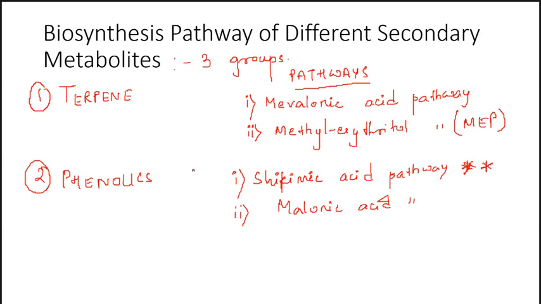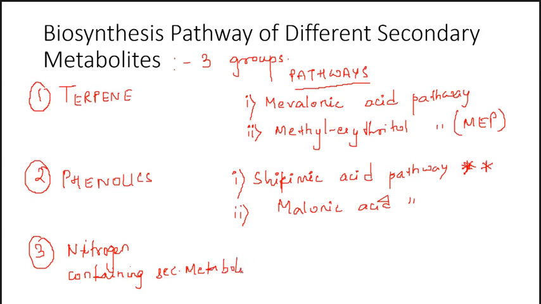Okay, the third type is nitrogen containing compounds. Nitrogen containing secondary metabolites. Okay, and they are synthesized from amino acids.